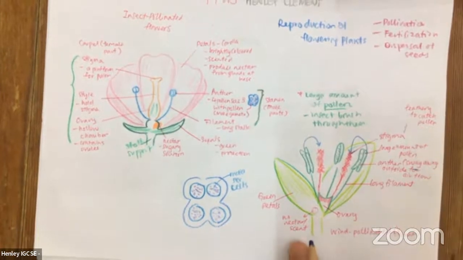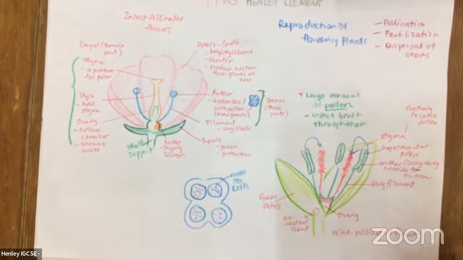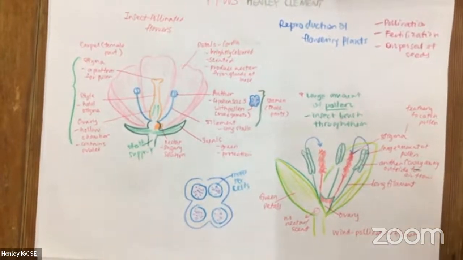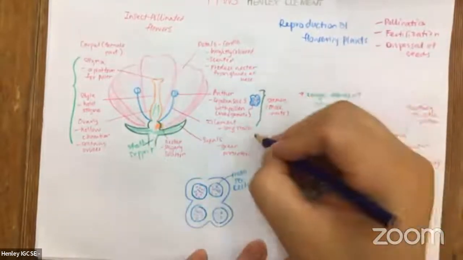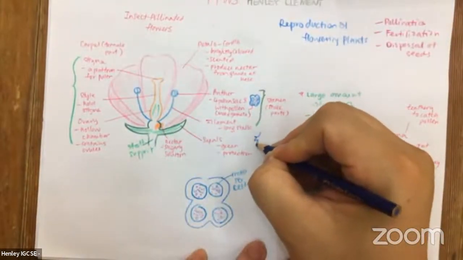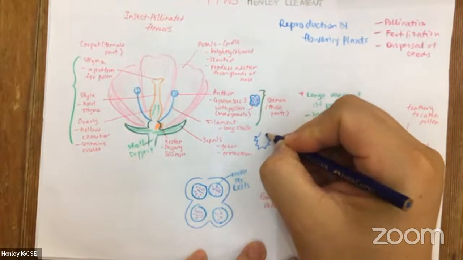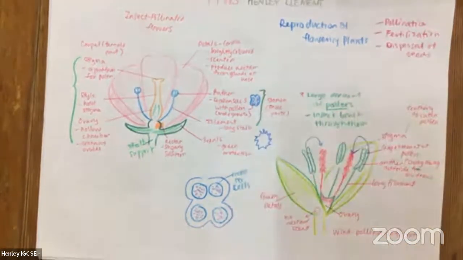There is no nectar or scent. This is the so-called wind-pollinated flower. And then we need to look at the pollen. Pollen of this nice flower looks like this, a lot of spikes.